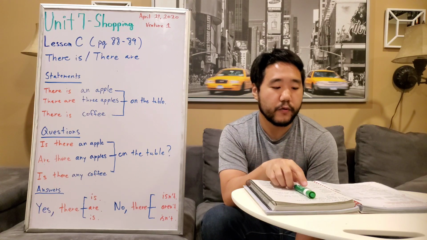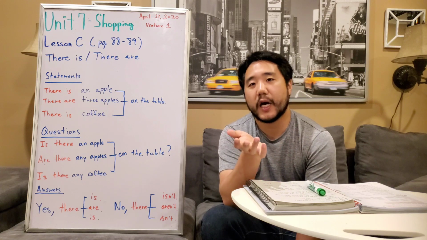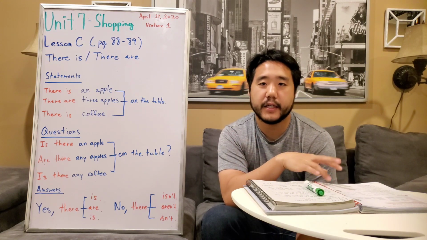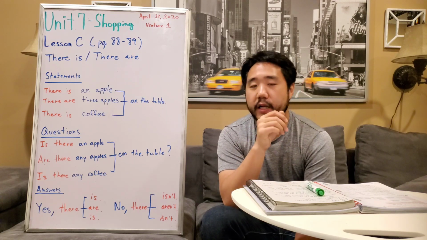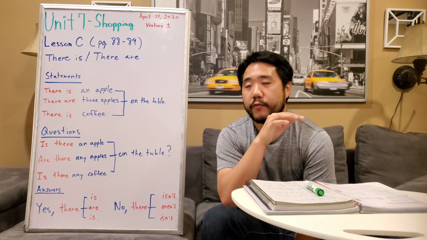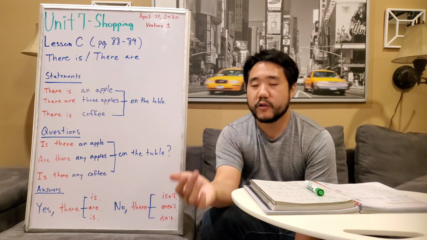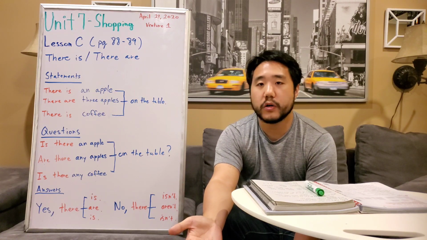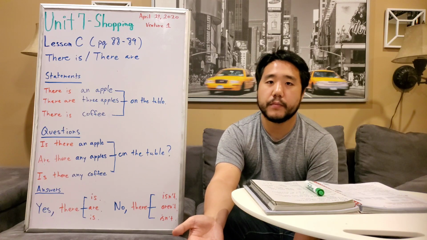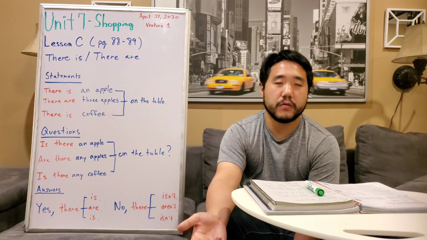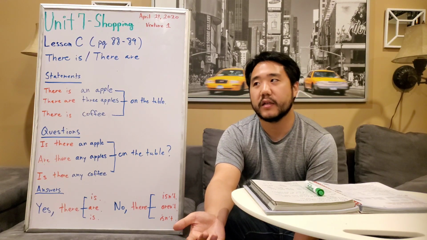For useful vocabulary, we learned shopping cart, basket, cashier, receipt, and then there are a bunch of names of food items, such as strawberries, oranges, broccoli, cucumbers, tomatoes, bananas, eggs, steak, chicken, beef, salmon.